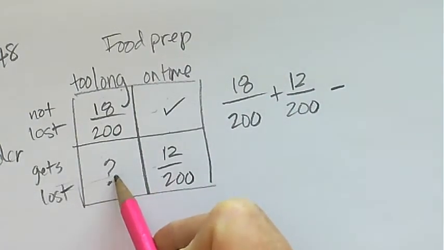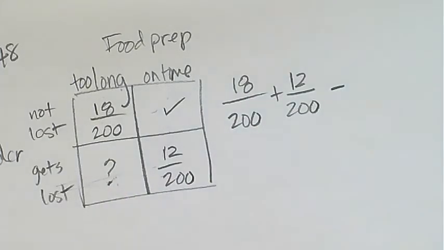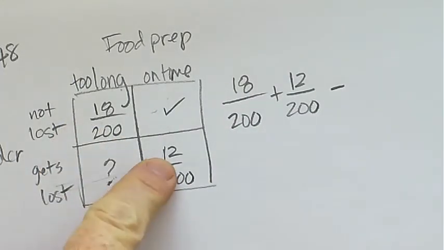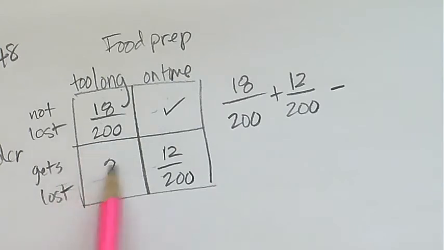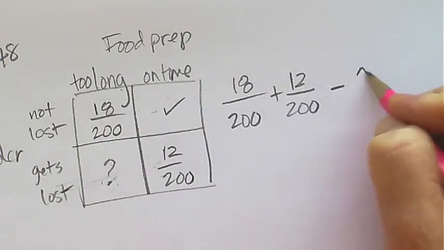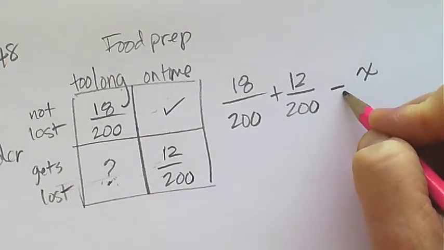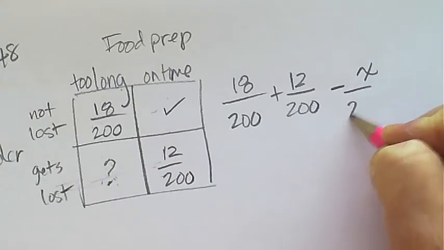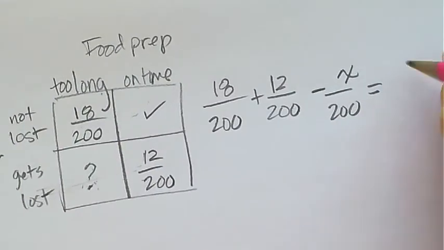minus the times when this happened. I don't know if these overlap. I'm sure there's some overlap where the food prep took too long and the rider got lost, but I have no idea how much that is. So minus X out of 200 equals 11%. Now I could write that as 11 over 100.